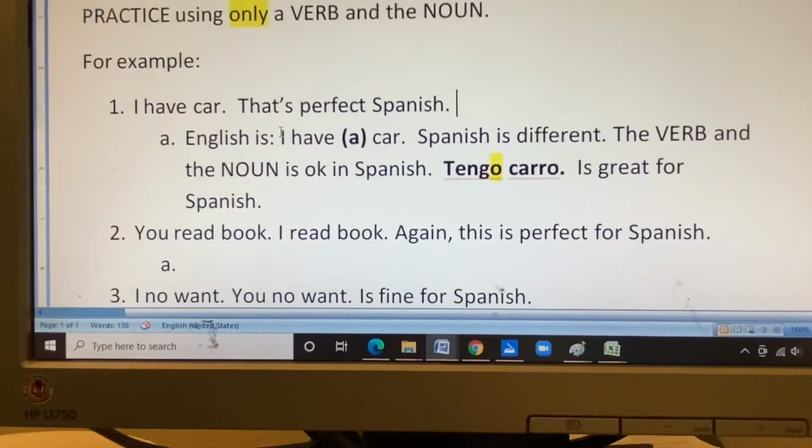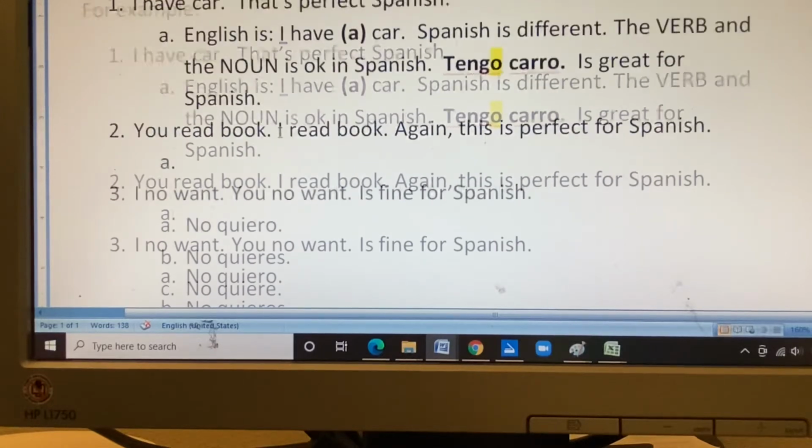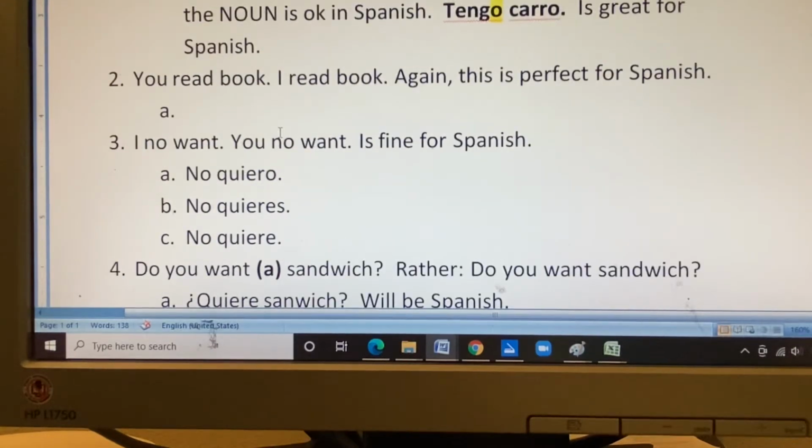So now let's look at number 2. In example 2, it reads, you read book. Or in Spanish, you will say, I read book. Again, this is perfect for Spanish. It's perfect that way.